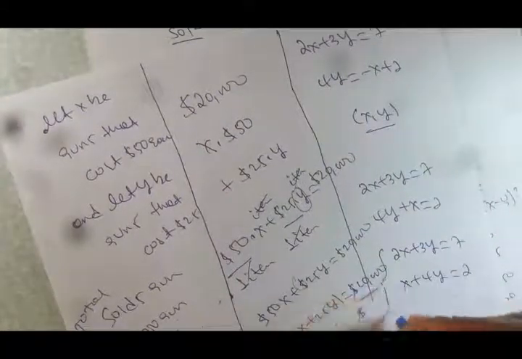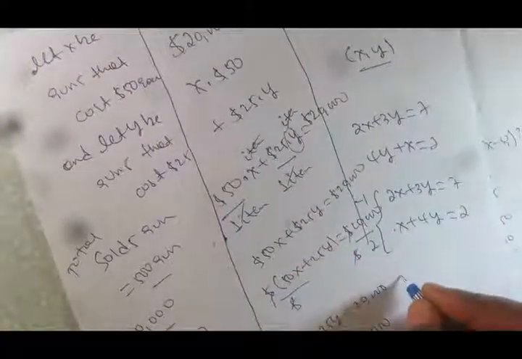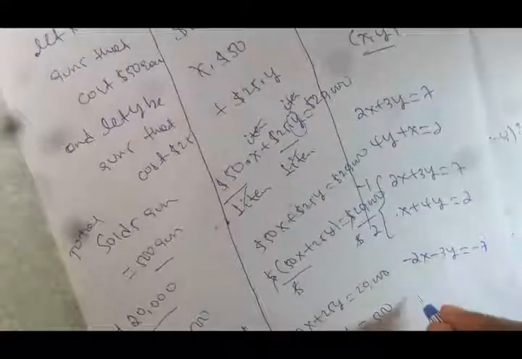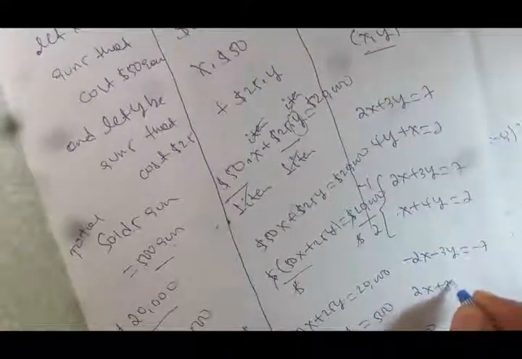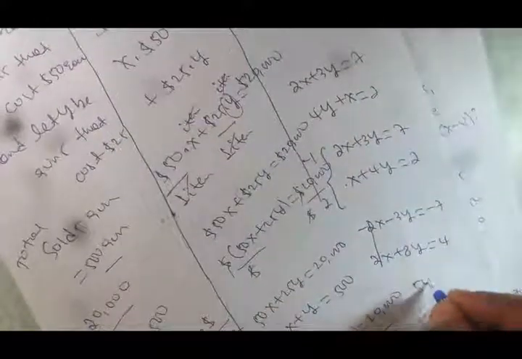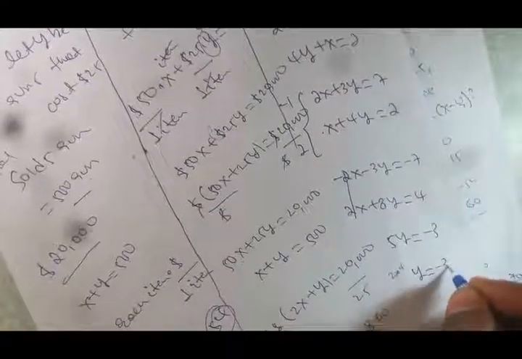We have to multiply the negative of this number by minus 1, and the positive of this number by 2. Therefore, minus 2x minus 3y is equal to minus 7, and 2x plus 8y is equal to 4. Therefore, this will be cancelled, and 5y is equal to minus 3. Therefore, the value of y is minus 3 over 5.